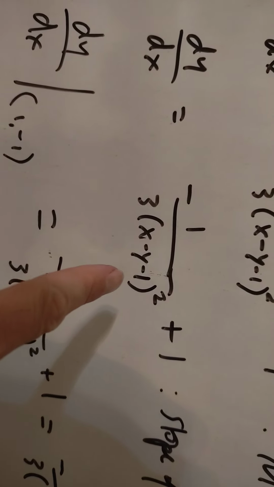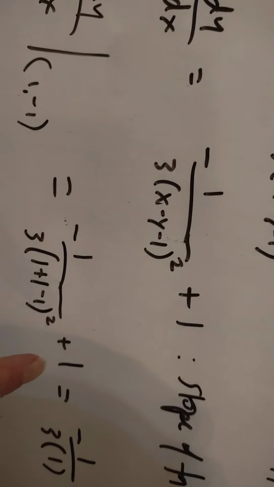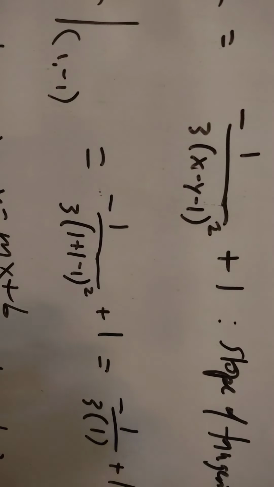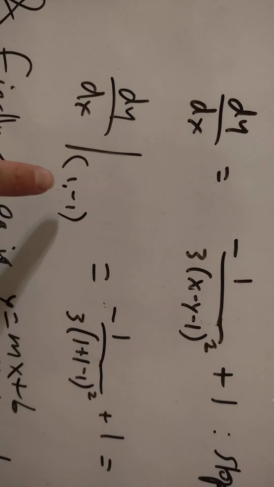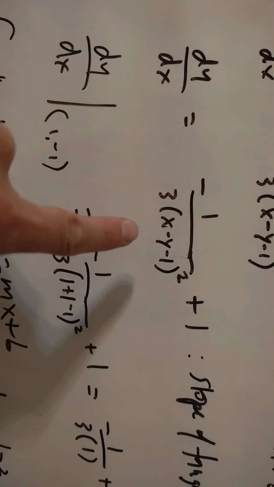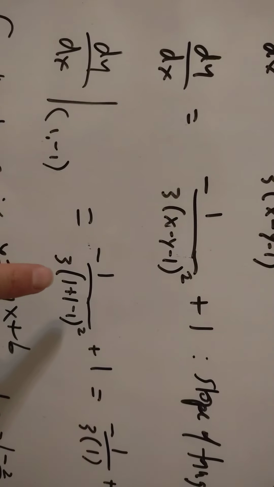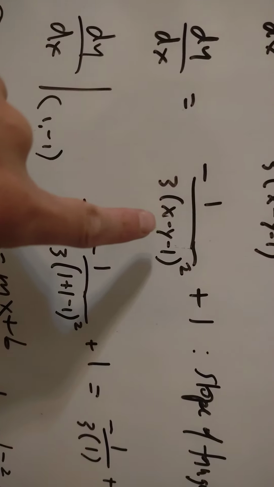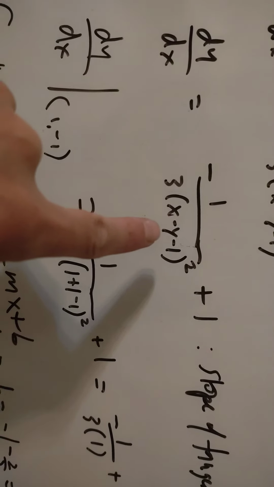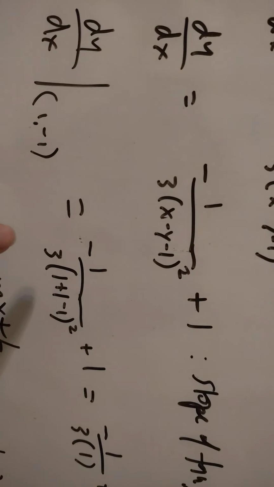And then you got that -1, and then it's all squared plus 1. So I made my substitutions. I'm evaluating the derivative at the point x is 1, y is -1. So from the line above, wherever you see x's, you write 1s. Wherever you see y's, you write -1s. But minus y, when y is a -1, simplifies to plus 1.